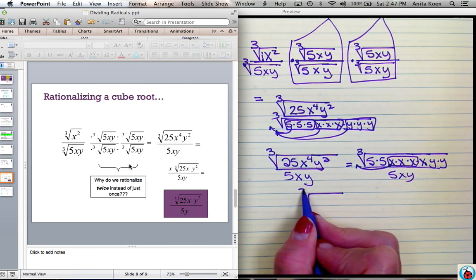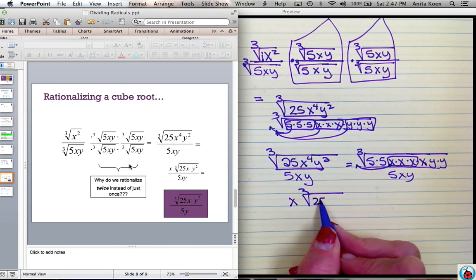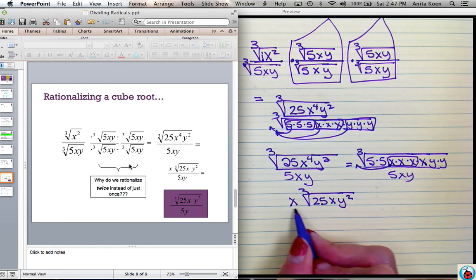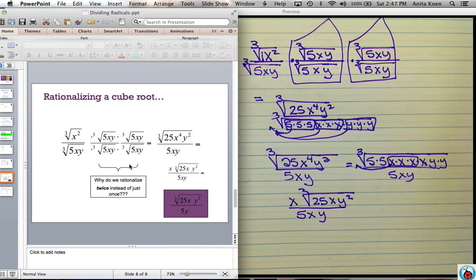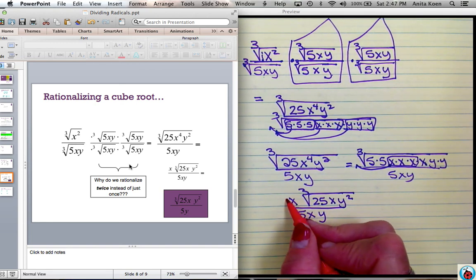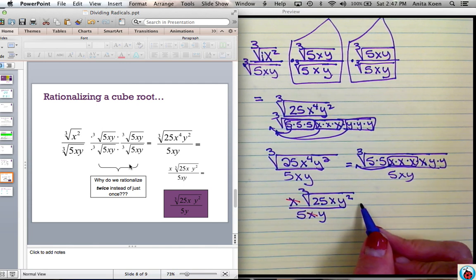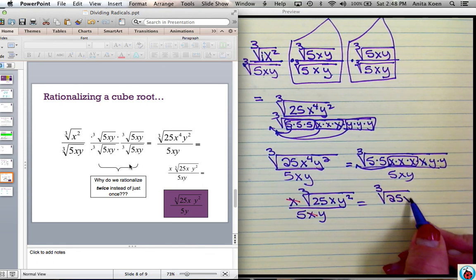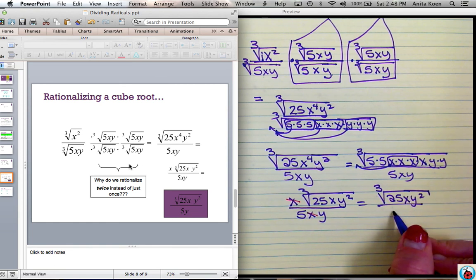So my final answer then is the x comes out. I've got 5 times 5, which is 25, times x, times y squared, all of that over 5xy. Then I see that these x's will cancel. So this x cancels with that x, and I end up simply with the cube root of 25xy squared divided by 5y.